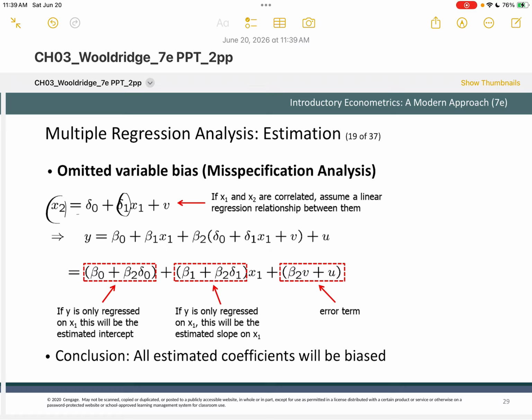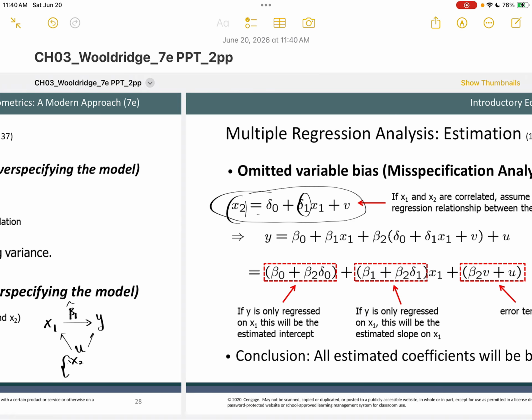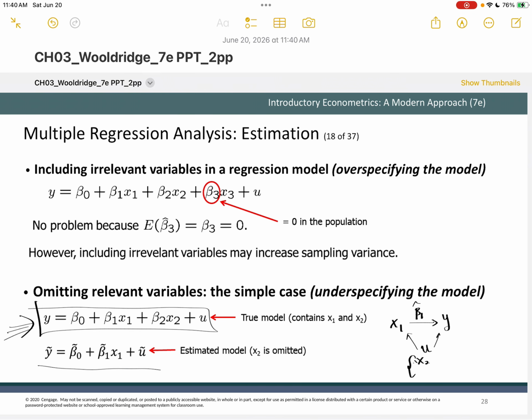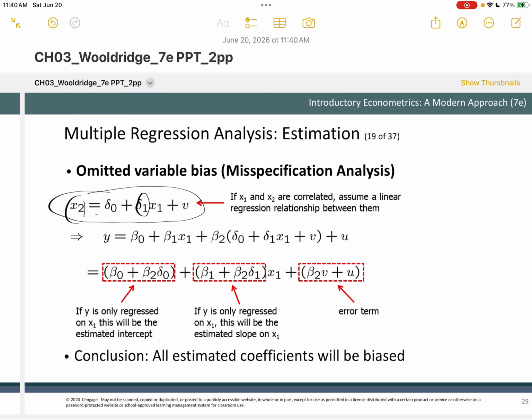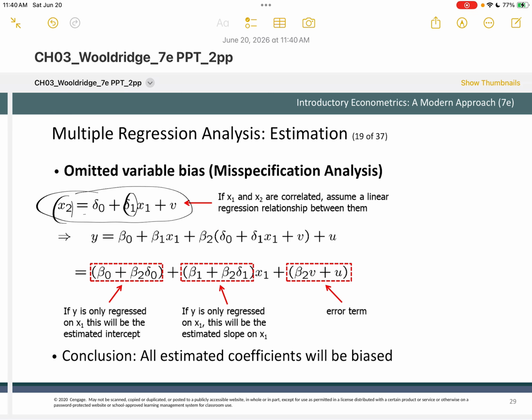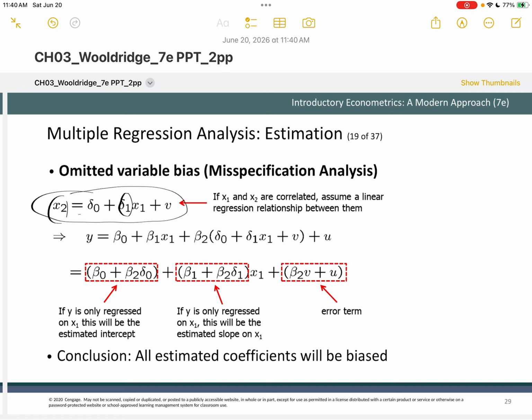We can plug x2 equals delta 0 plus delta 1 x1 plus v into the true model. What are we doing? We are writing out what we estimated, this beta 0 tilde and beta 1 tilde. We are going to see what they actually are, how biased they are. So here is how biased they are.